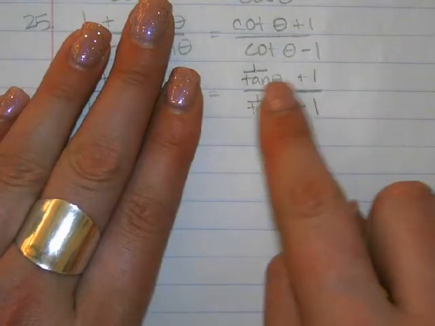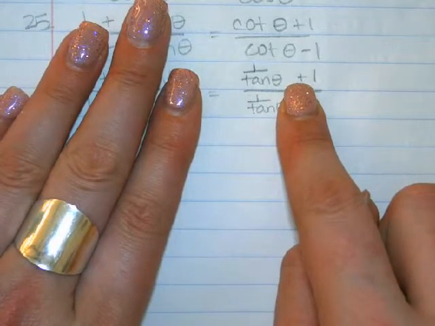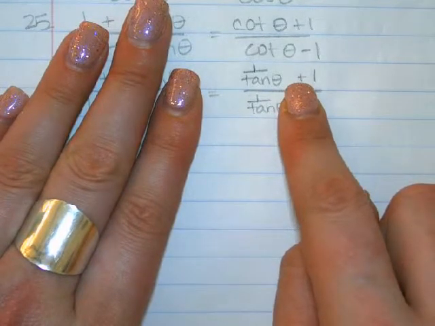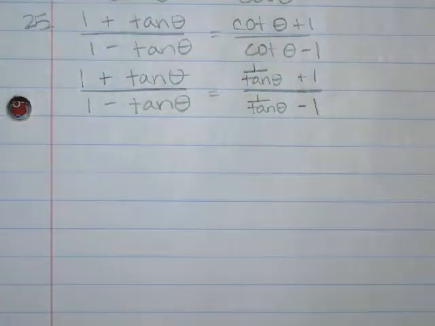Now over here, I have a fraction plus 1. What do I normally say about that? If you're adding a fraction with something else, what's the process? Common denominator. You need a common denominator.